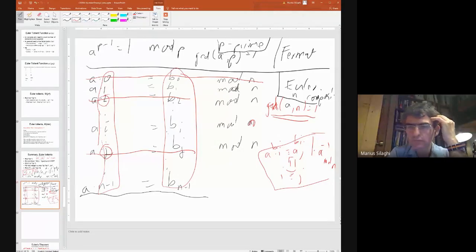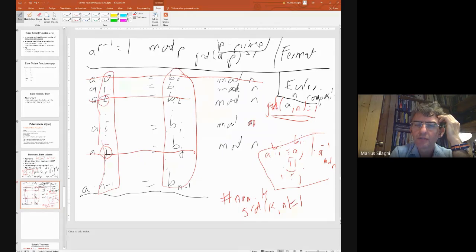So how many numbers k exist such that the greatest common divisor of k and n equals 1? You could denote it as the cardinality of the set K, of numbers with the property that the greatest common divisor of k and n equals 1, with k between 0 and n. So what is the cardinality of this set?